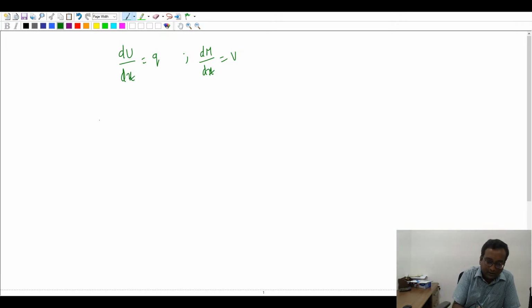Okay, so for example, let's say I have a simply supported beam, the roller and the hinge here, and I have a UDL on top of it. You know that it is a uniformly distributed load, so the slope is a constant.